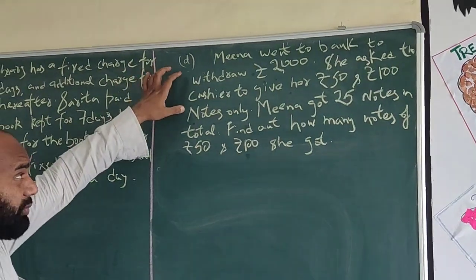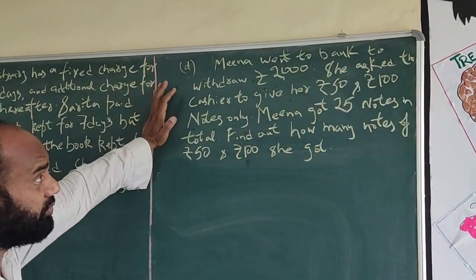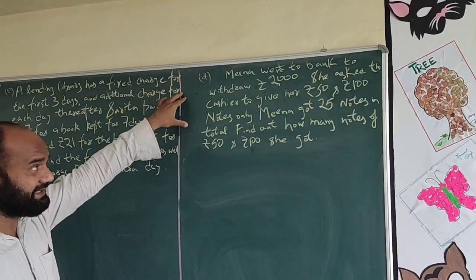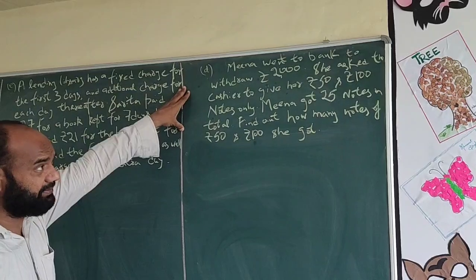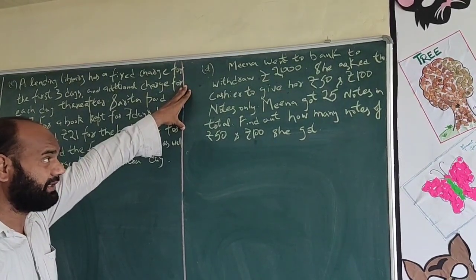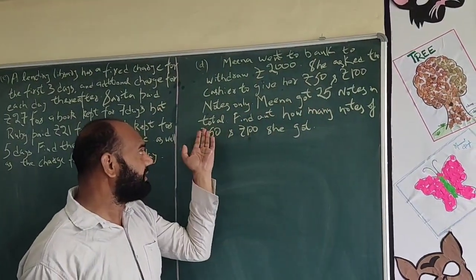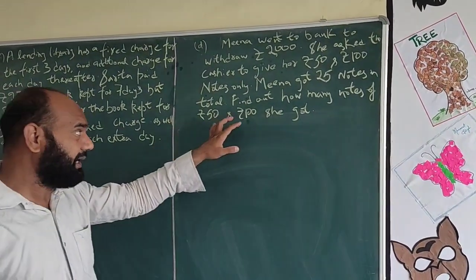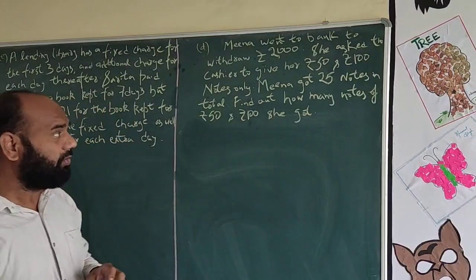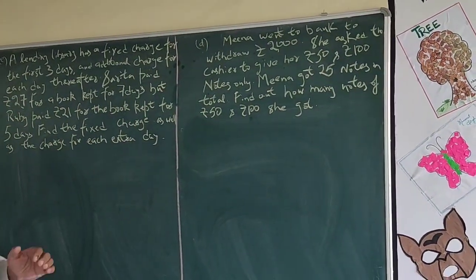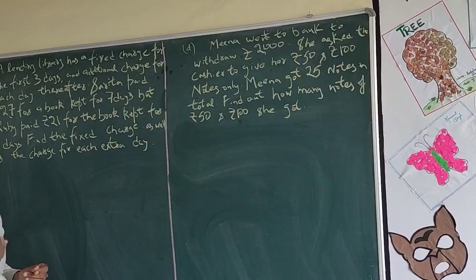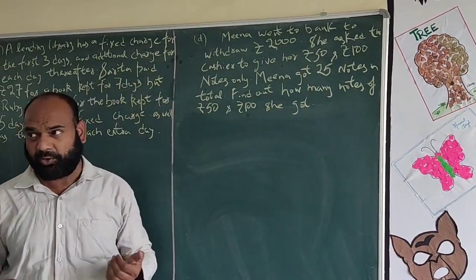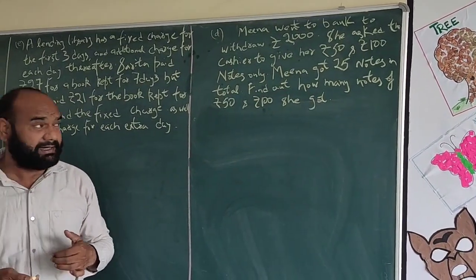The fourth part of the second question is: Meena went to withdraw rupees 2000. She asked the cashier to give her rupees 50 and rupees 100 notes only. Meena got 25 notes in total. Find out how many notes of rupees 50 and how many notes of rupees 100 she got. So in this question, Meena went to the bank and told the cashier she needs notes of only 50 and 100.